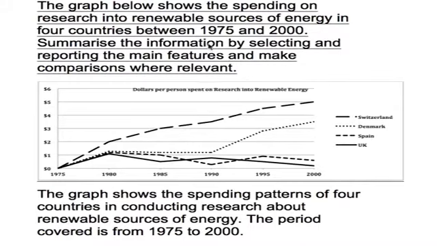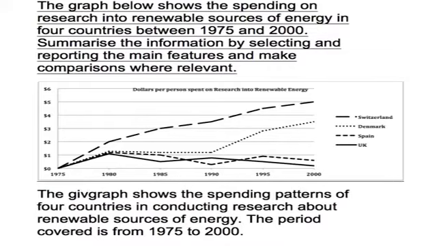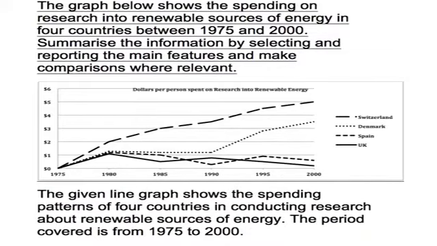So here, this sentence you do not have to write in the intro, and this first sentence you have to change by writing the synonyms, or you can take words from here and then make one sentence. So the given... here you will say below there is no graph in your IELTS. So you will say the given line graph shows, the word is there in the question.